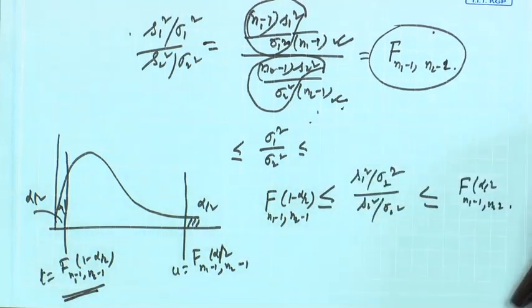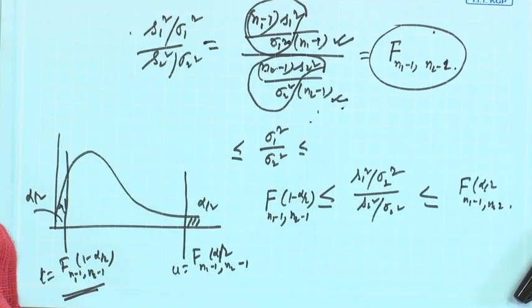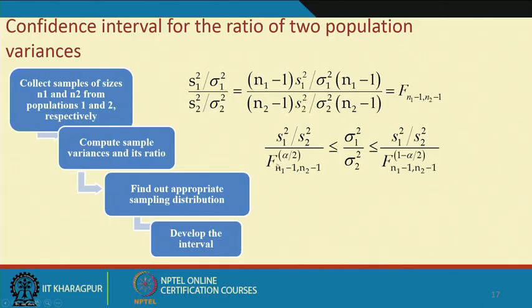Now you manipulate this and you will get S1 square by S2 square divided by F N1 minus 1, N2 minus 1, alpha by 2, less than sigma 1 square by sigma 2 square, and the other bound. So this is the formula.